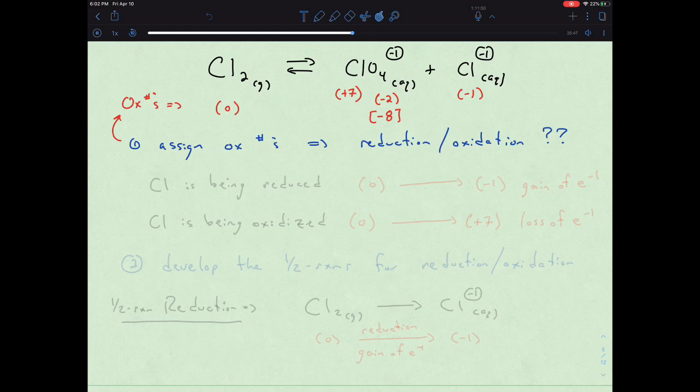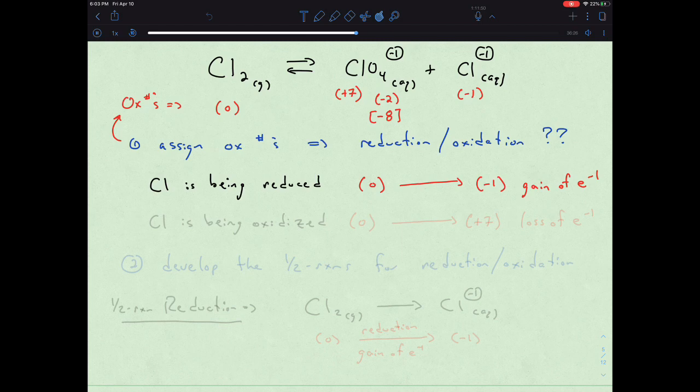So if we look at this, actually the same element is being reduced or oxidized. We have a chlorine that is being reduced, and you could look at that as one of those chlorines as our starting material is in that 0 oxidation state, and then it's going to chloride, which is in that -1 oxidation state, and so there's our gain of electrons.